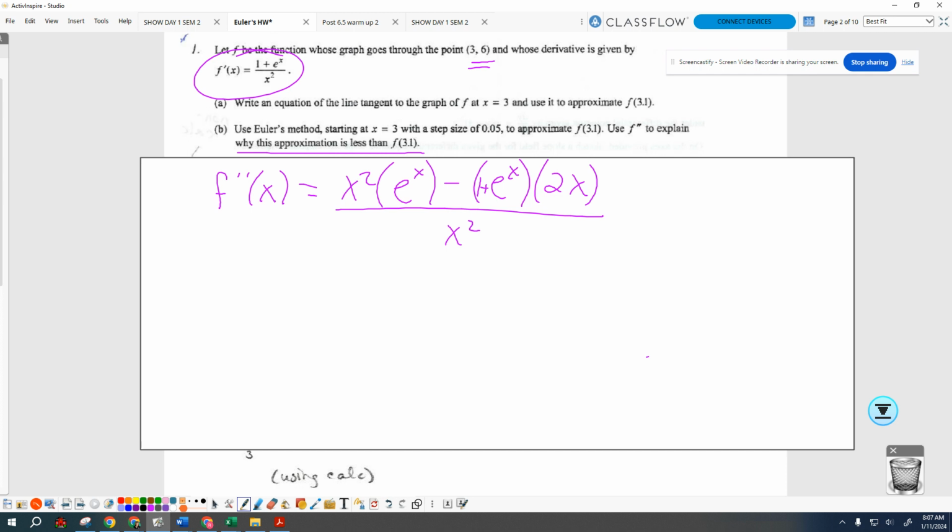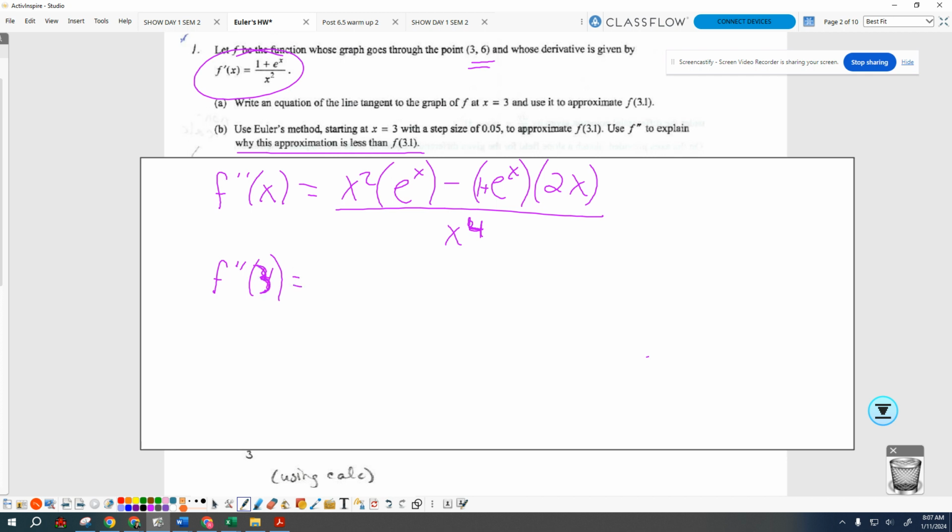Then you plug in 3. No, wait, the bottom to the power of 4 is the denominator, so bottom squared. Now you plug in 3. Yep. And I plugged in 3 and I didn't get a negative answer.